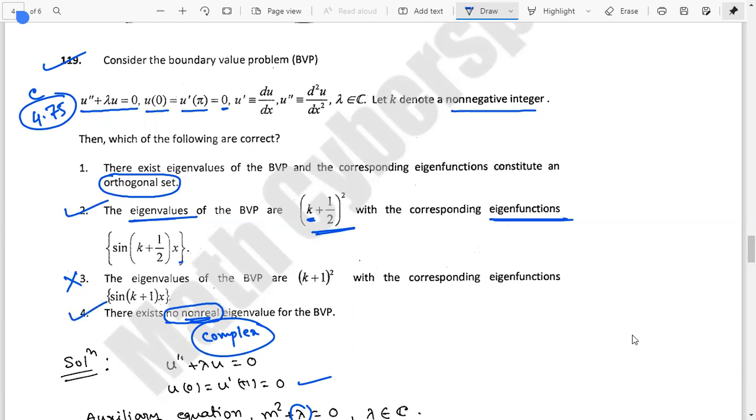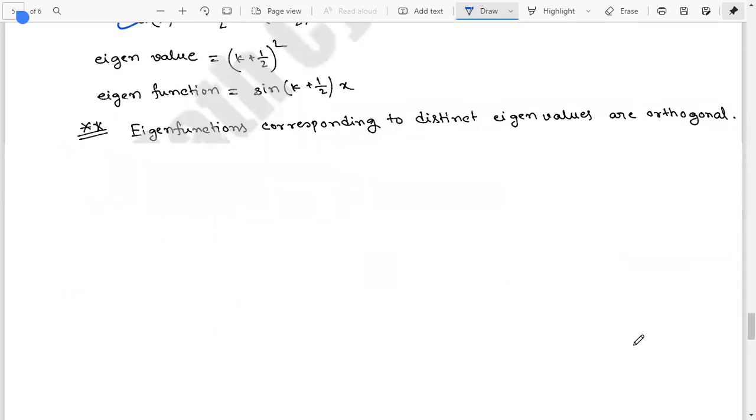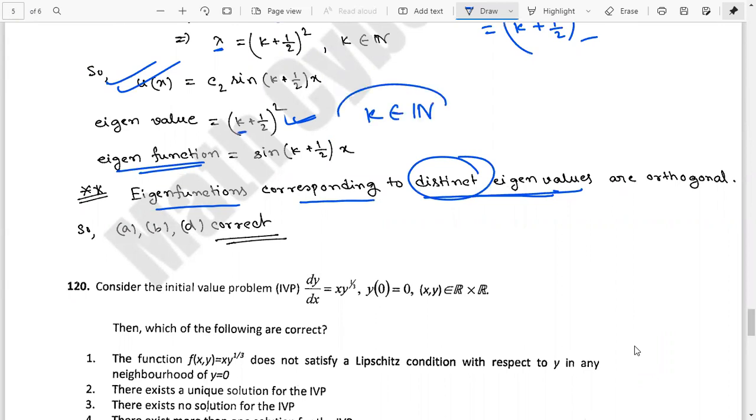Now we will discuss the orthogonal property. From the eigenvalues we are getting these eigenfunctions, and we know that eigenfunctions corresponding to distinct eigenvalues are orthogonal. Why distinct? Because this k, which defines our eigenvalue, is from natural numbers, so there is no chance that they will not be distinct.